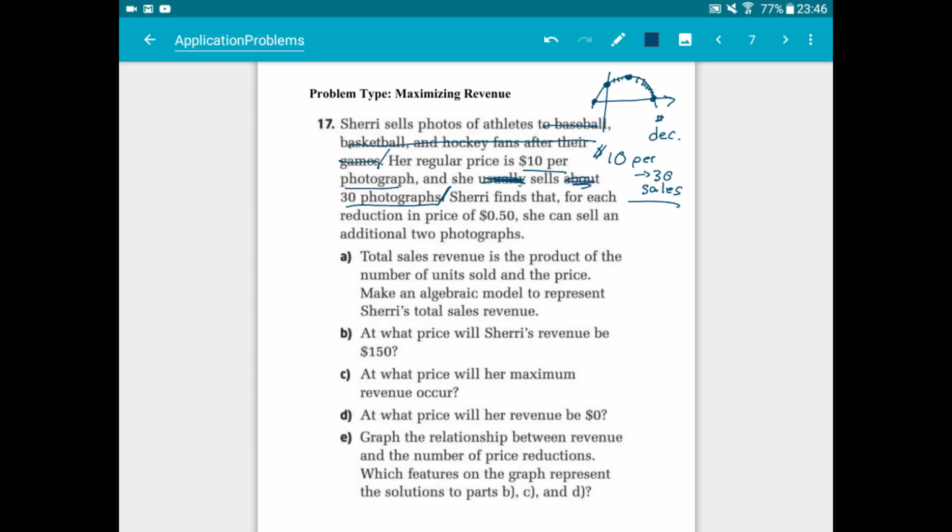Okay, so now she notices that if she decreases the price by 0.5 or 50 cents, then she can sell 2 more. What part A is asking us for is the equation of this parabola that defines how her revenue works. So how the decreases affect the money that she brings in.